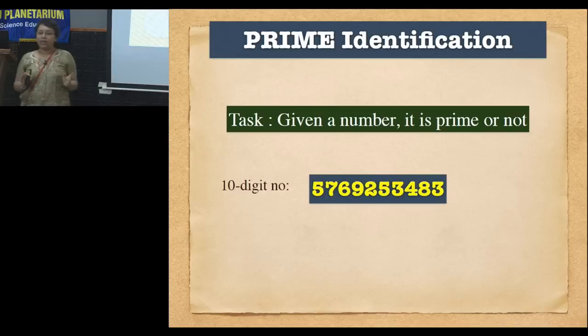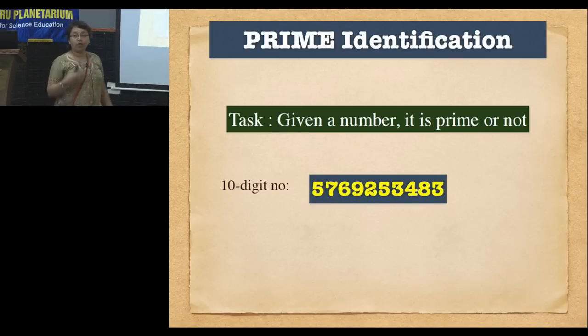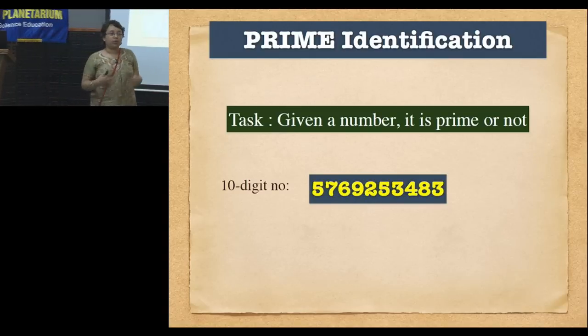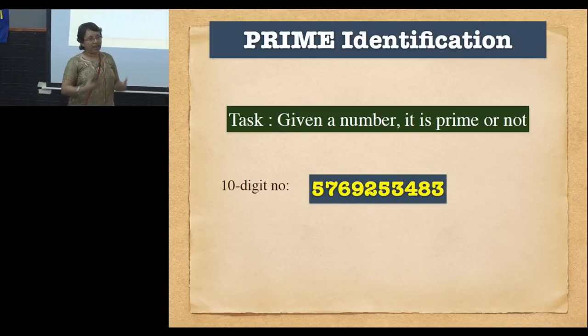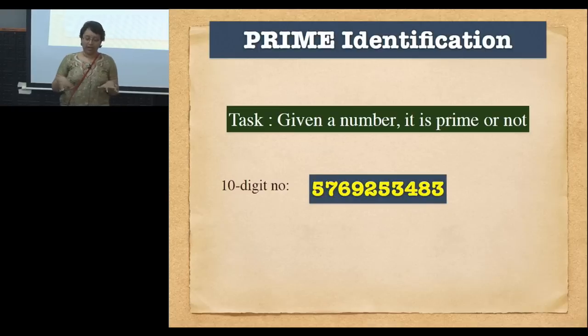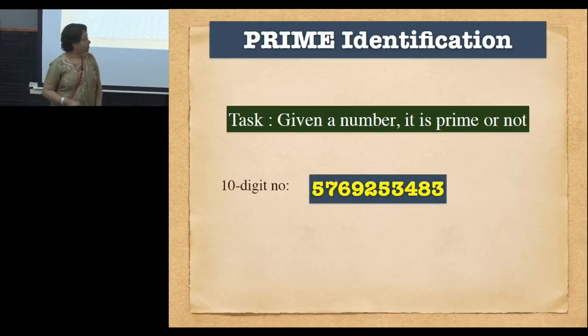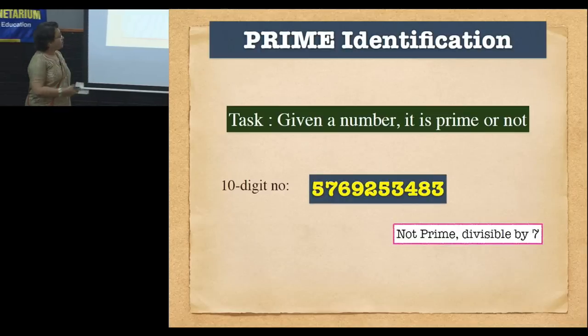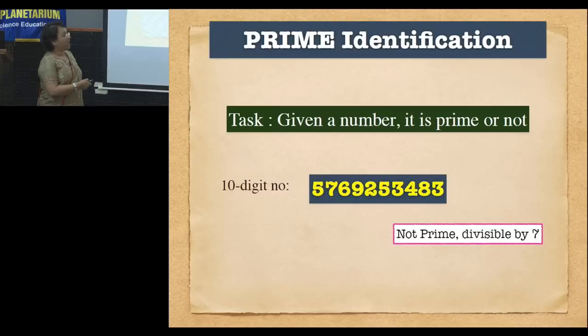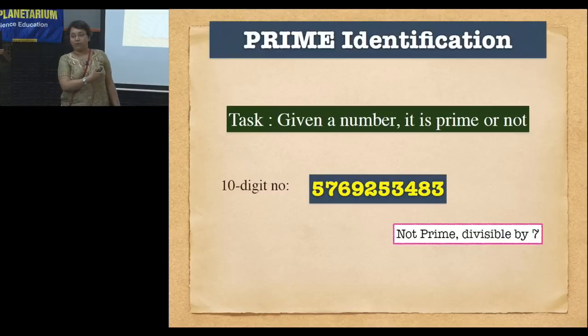Because you have to find out that there is no factor other than 1 or the number itself. So you have to write a computer program which can tell us, at the end of the running of the program, whether this number is prime or not. I can check, and actually it's not a prime number. It is divisible by 7.